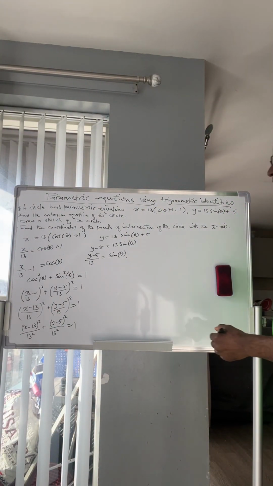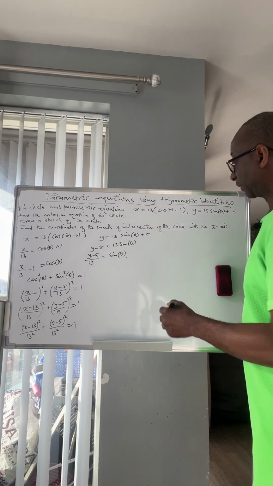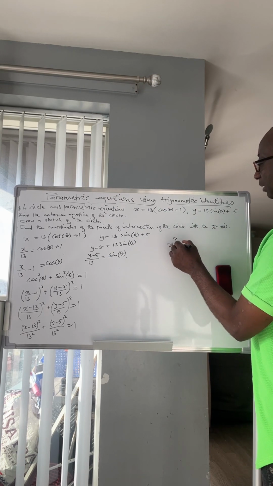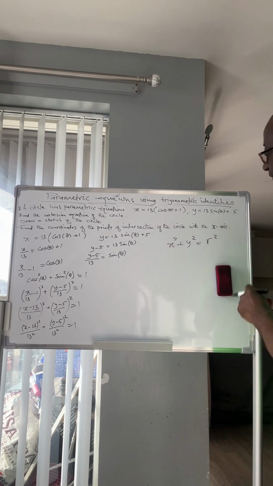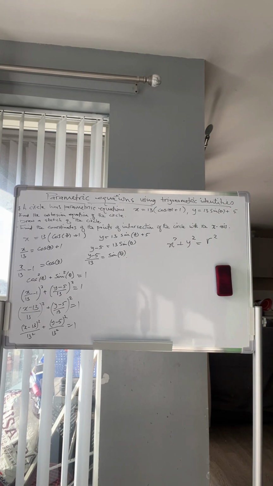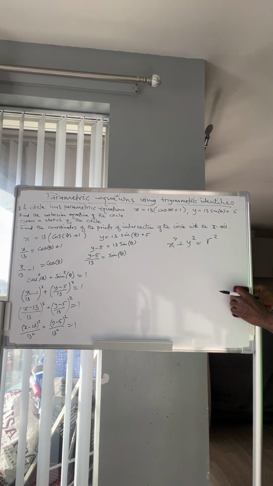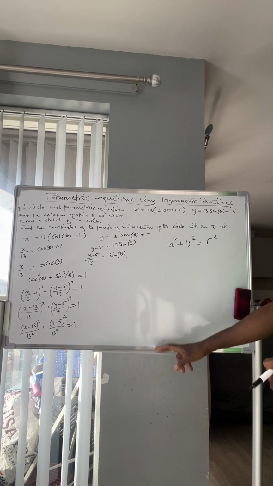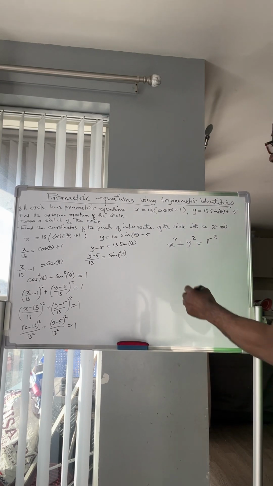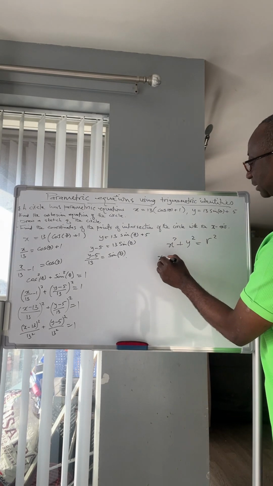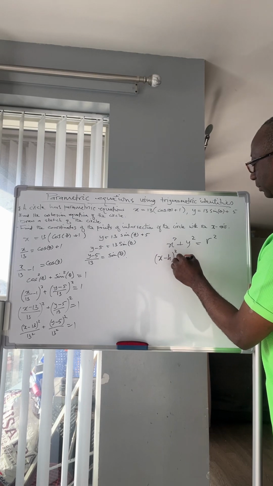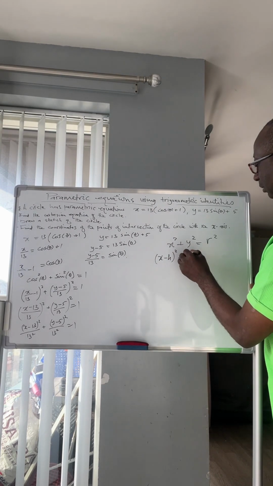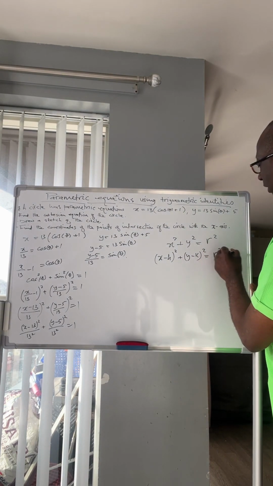We all know the formula for a circle is x squared plus y squared equals r squared. This is the formula of a circle that is centered at the origin. If it's not centered at the origin, then you will have x minus h squared plus y minus k squared equals r squared.